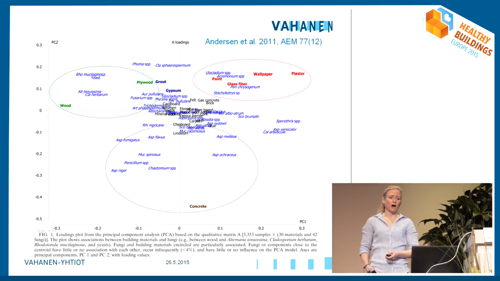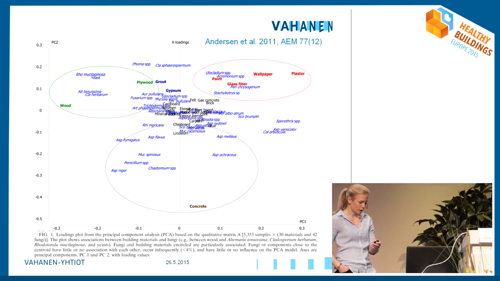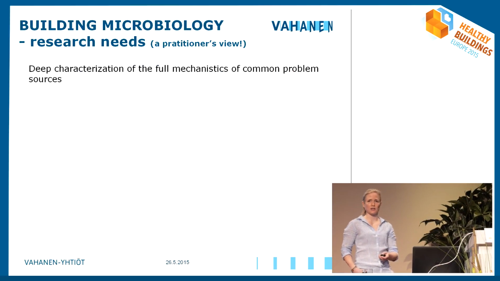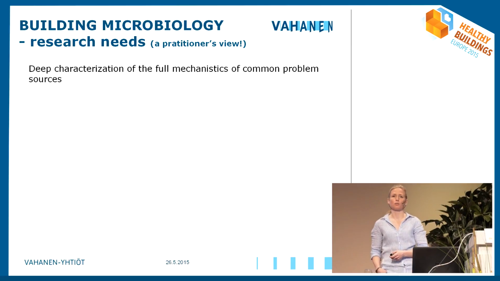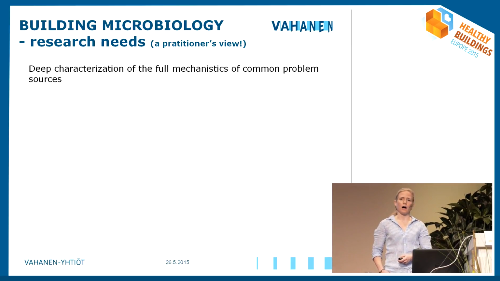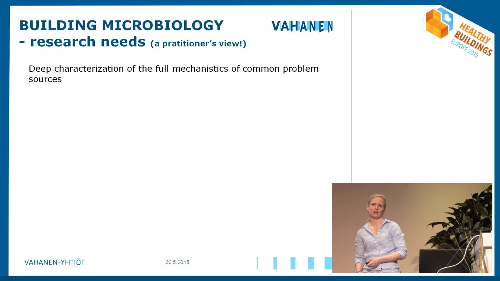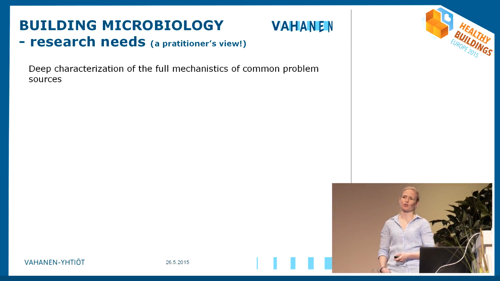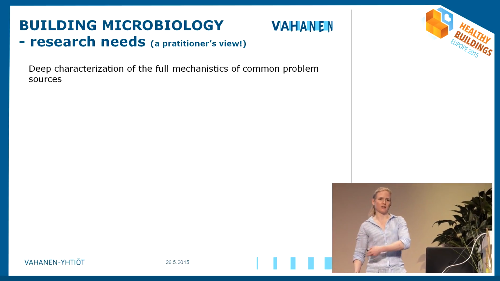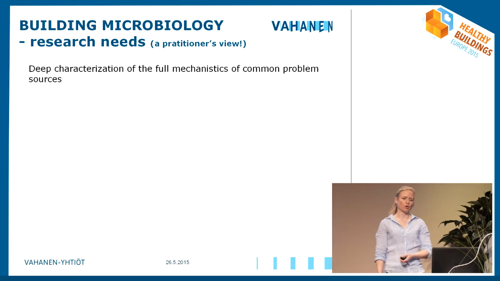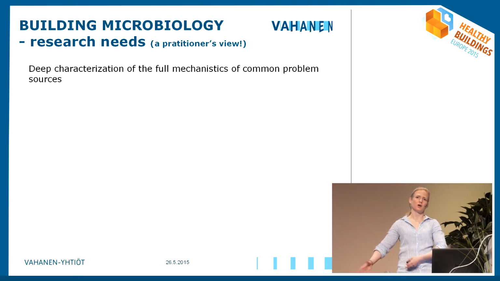From my view, what we could do is deep characterization of these interesting microbial niches, these common problem sources. And in addition to the microbes, to the taxa, we should of course look into the conditions that affect the development and the activity of the microbes there, but also the outcome of the microbial activity, the emissions, the metabolic products that they are producing.